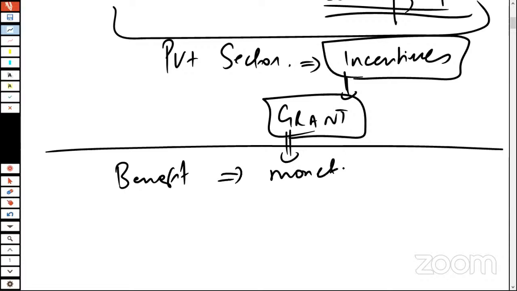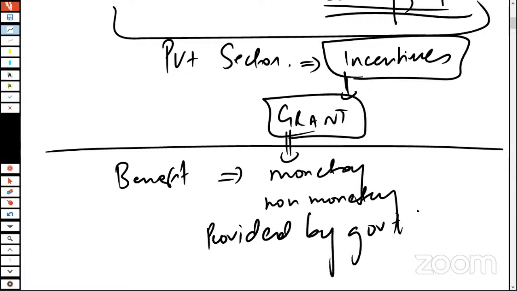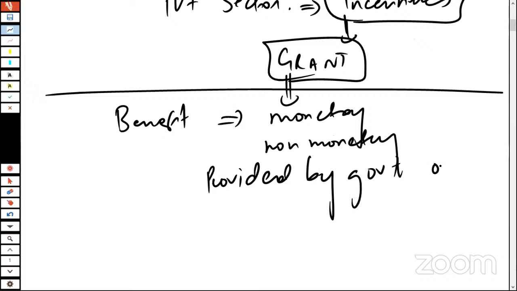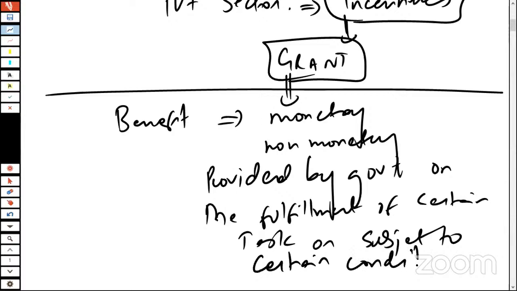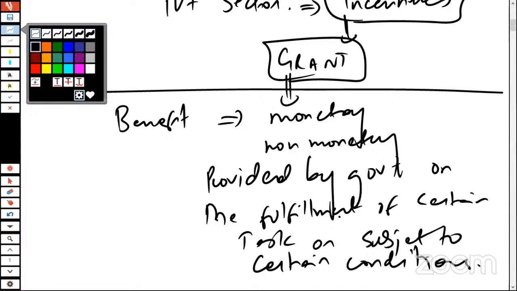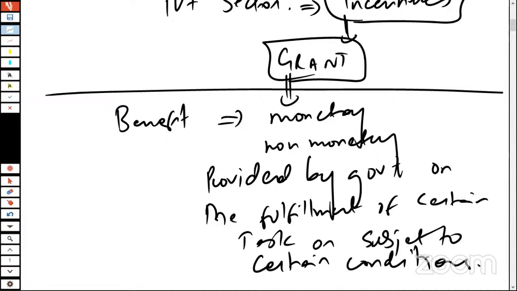Those benefits could be monetary or non-monetary, and they are provided by the government on the fulfillment of certain tasks, or subject to certain conditions. So when we talk about government grants, always remember that they are benefits, monetary or non-monetary, provided by the government on the fulfillment of certain tasks or subject to certain conditions. That's what government grants are.